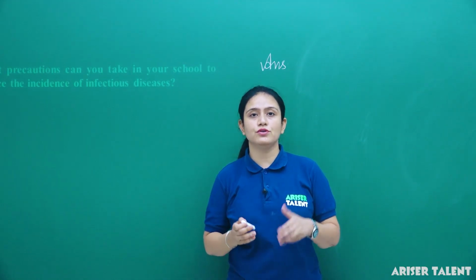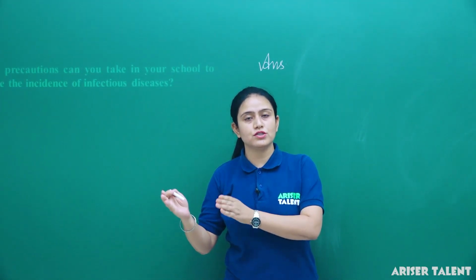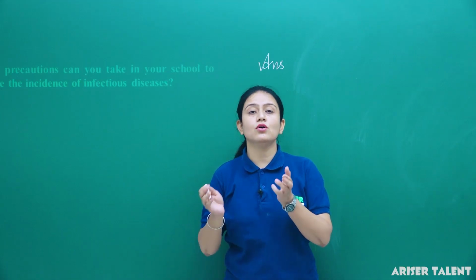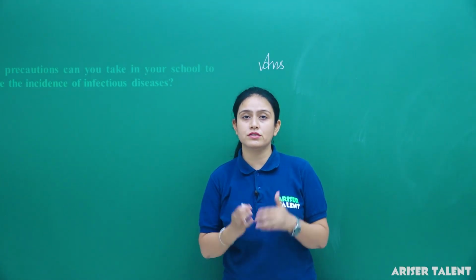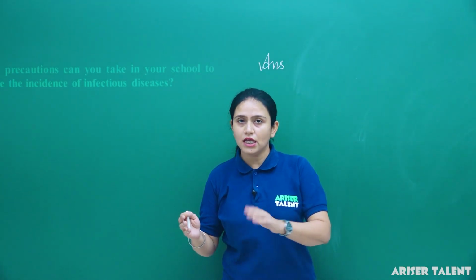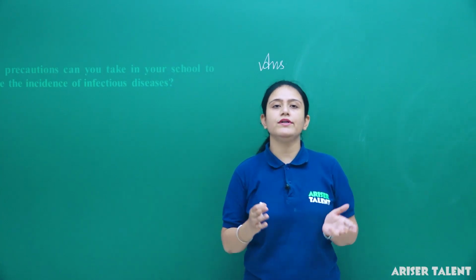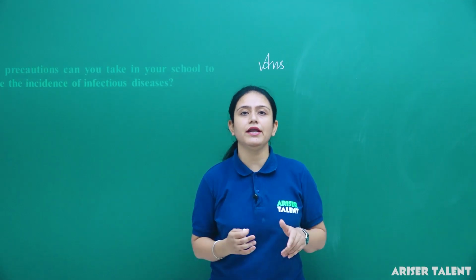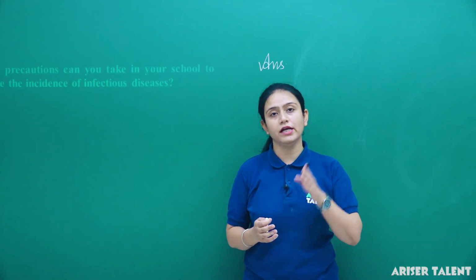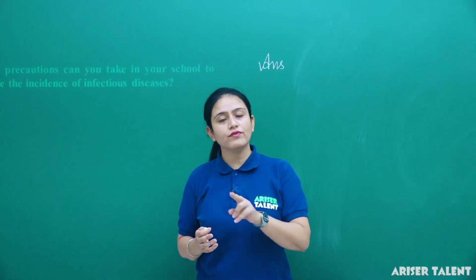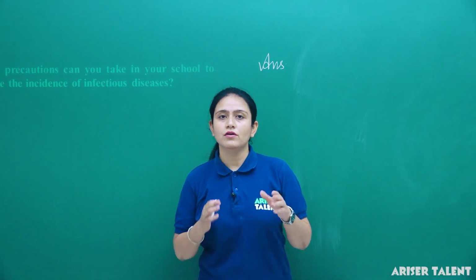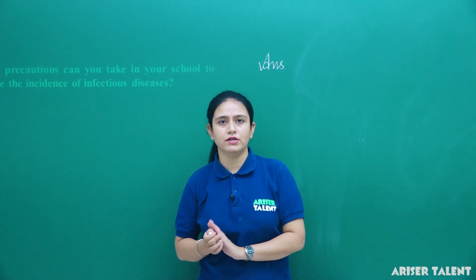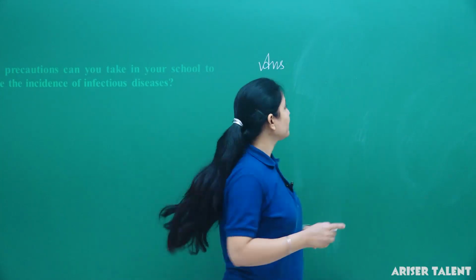Besides it, we should give vaccination to the students for the particular disease, or we should educate the students about the causes of diseases. If we educate them, then definitely they will follow the precautions to avoid the disease. Besides it, do not allow the infected student to come to school for some time until he recovers. Clear? So here we go.